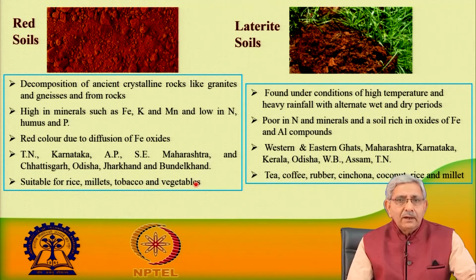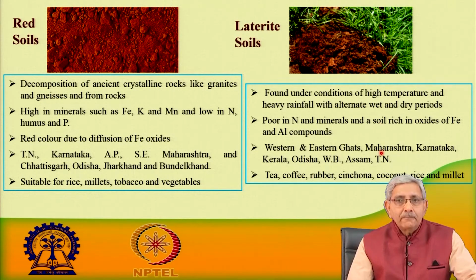The laterite soil is formed due to high temperature. Weathering of rocks as well as heavy rainfall takes place due to these climatic variations, and that causes the formation of laterite soil.